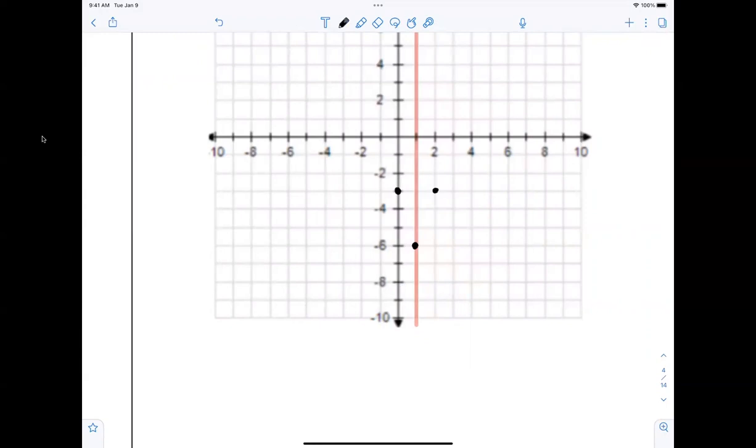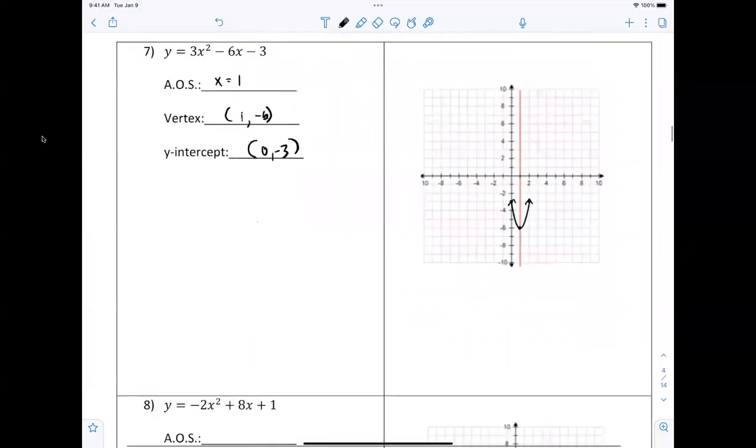And now we can see the shape of the curve. Do we have any questions with that? No, sir. All right, let's knock out another one.